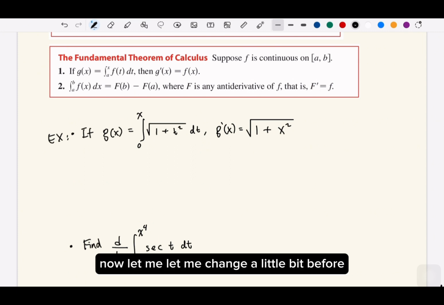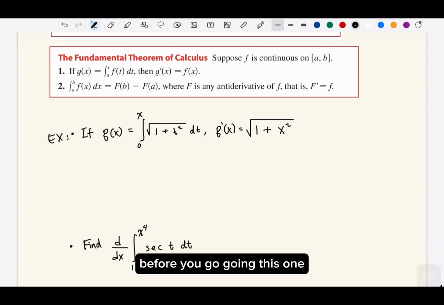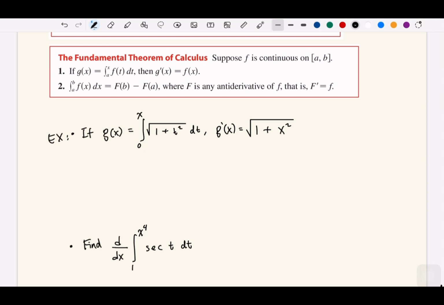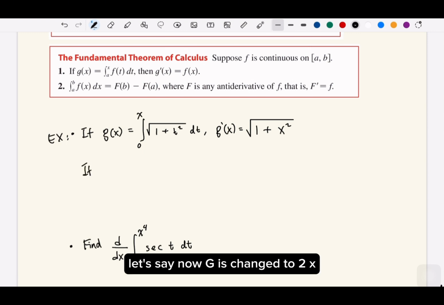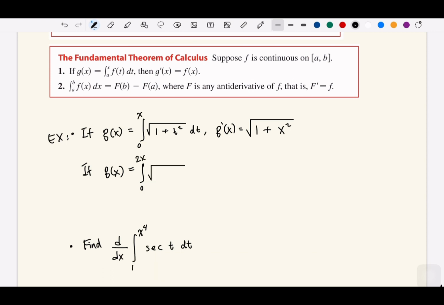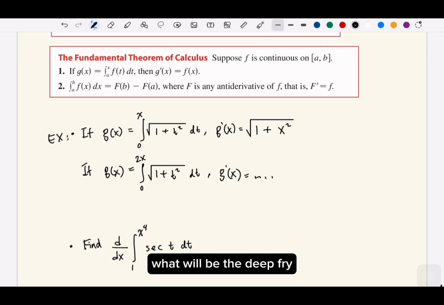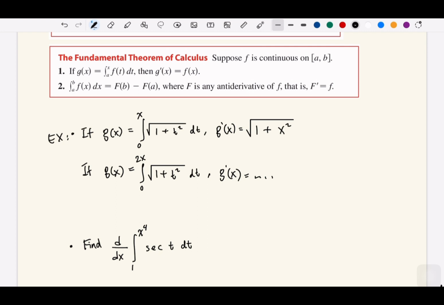Now let me change a little bit. Before we go into this one, let me change a little bit. Let's say now g is changed to 2x. What will be the g prime? Now it's 2x.